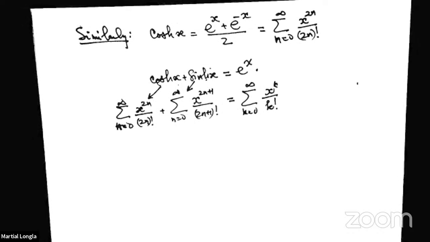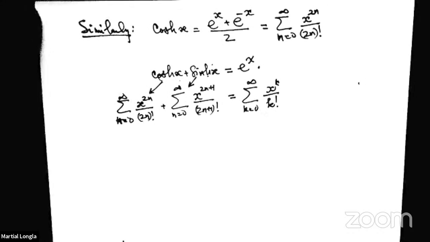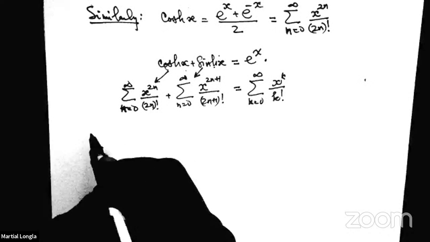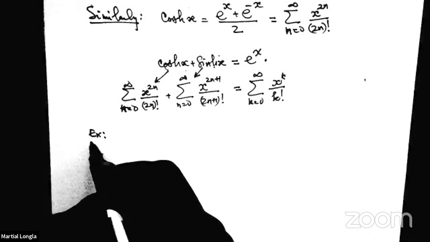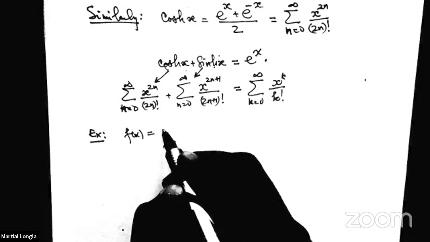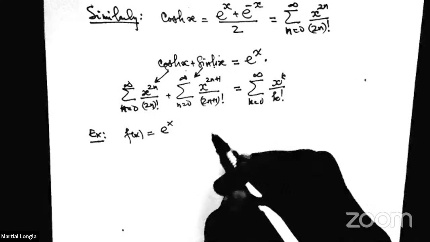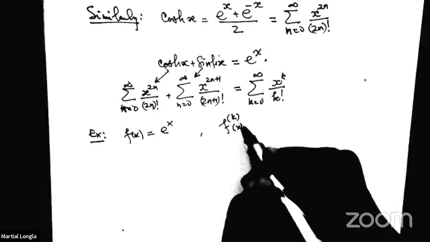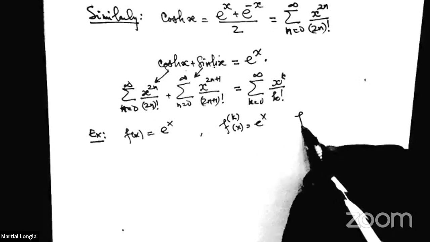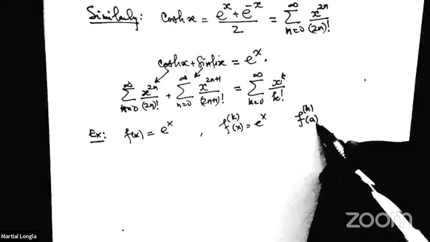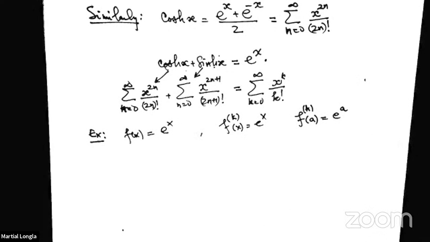Now, this is how you worked it out on each of the examples, the way I just showed you. Take the function, take the derivatives, right? Plug in. Let me give a last example so you don't think it's always going to start from 0. Let me take the same function, f of x equals e to the x, and all derivatives are e to the x, and at the point a it is e to the a.